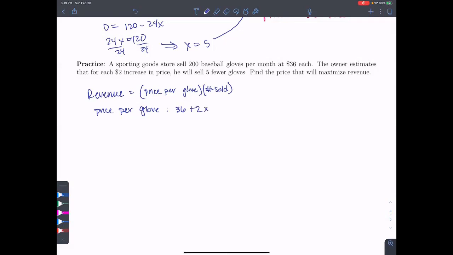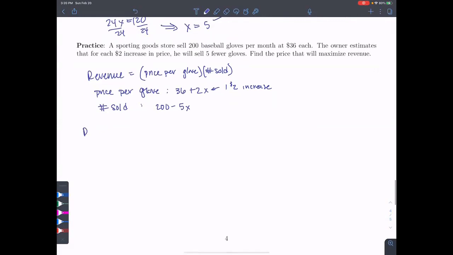This is for one $2 increase. And then the number sold is going to be 200 minus 5 times x.